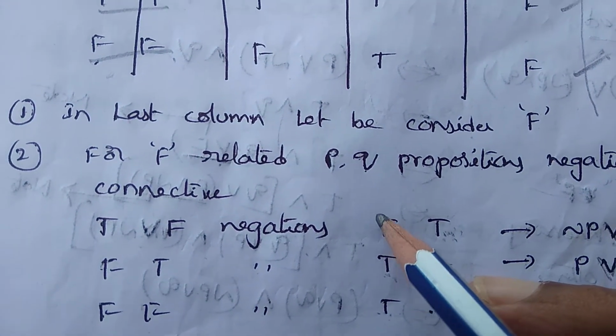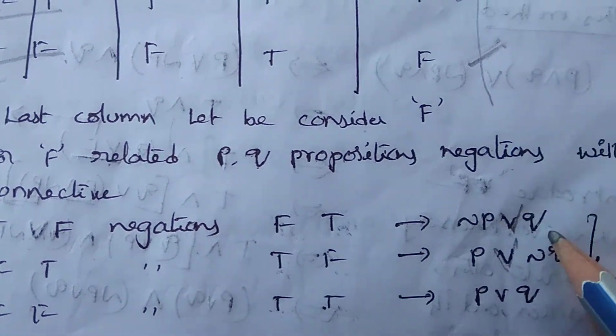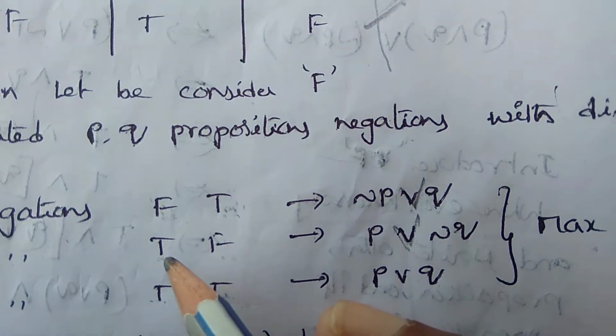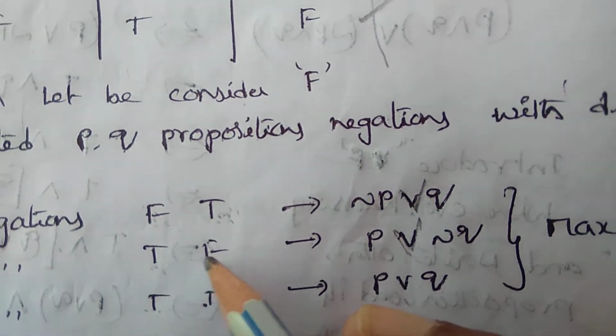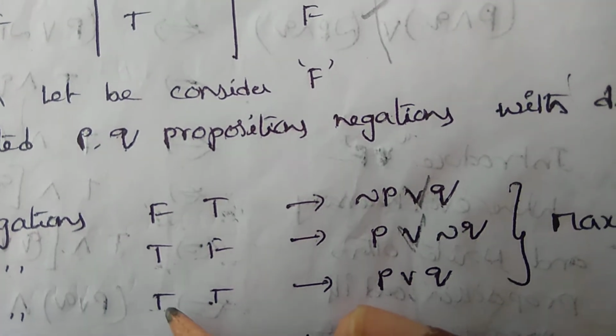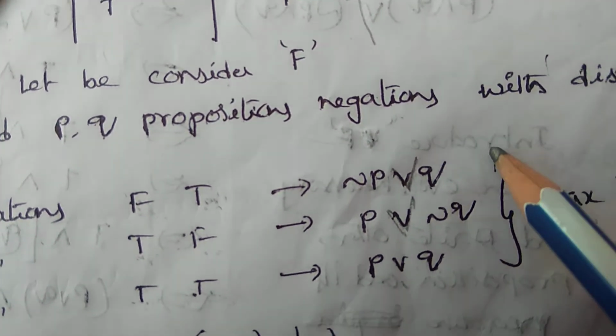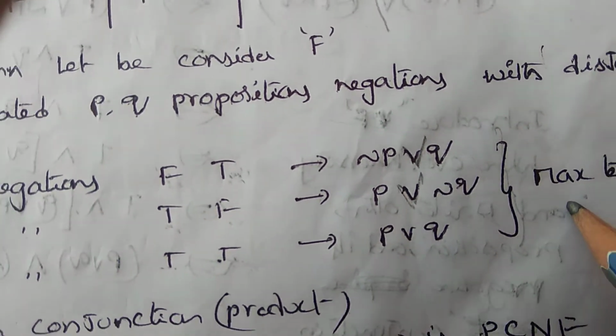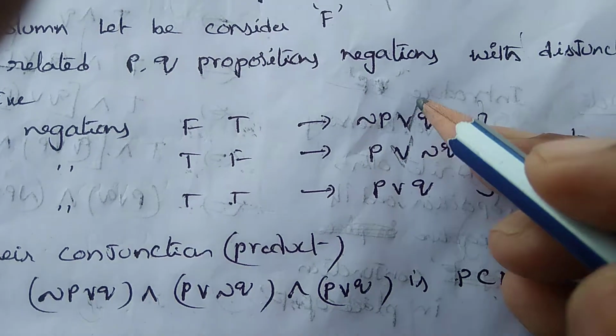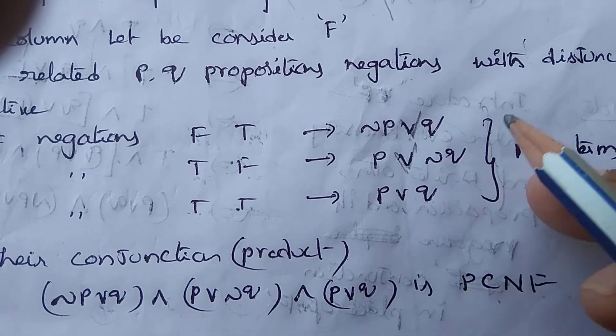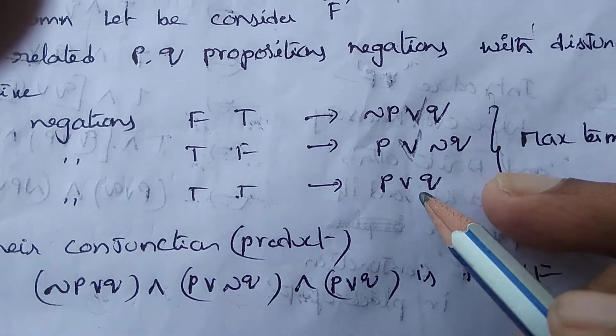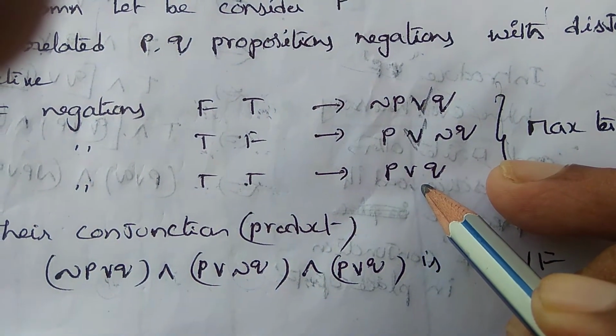That means negation P or Q, P or negation Q, P or Q. These are called maxi terms, as we know previously. Product of maxi terms is called PCNF.